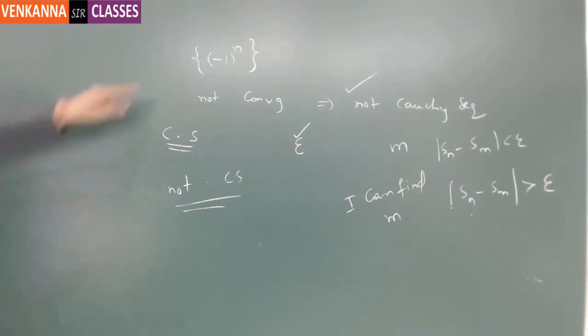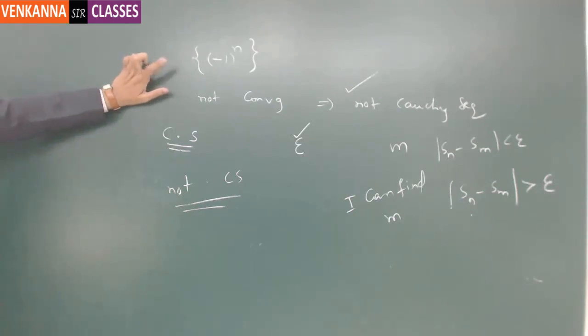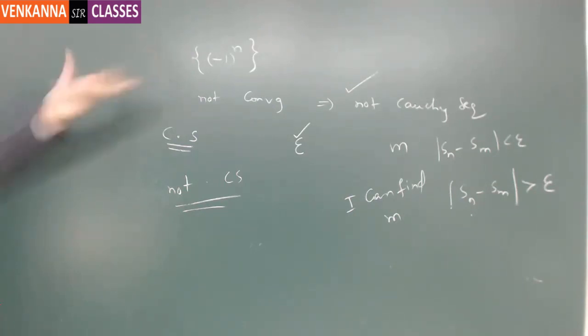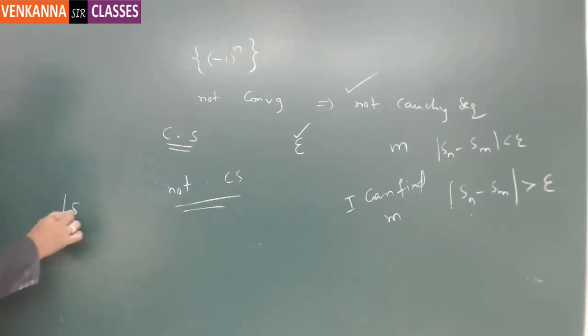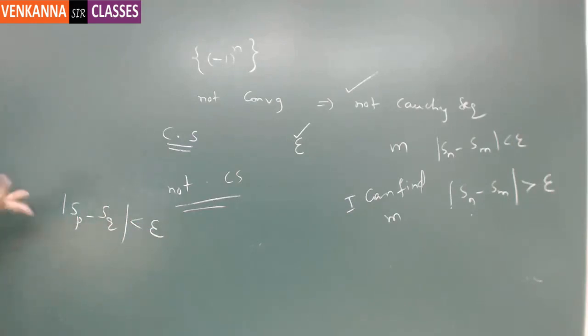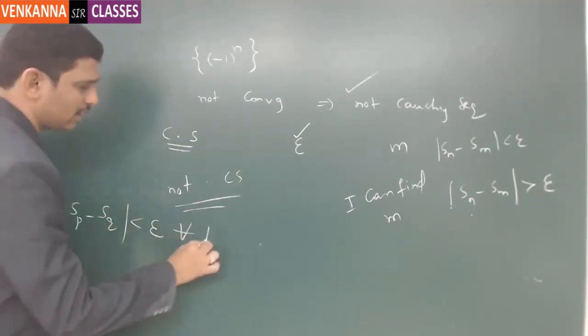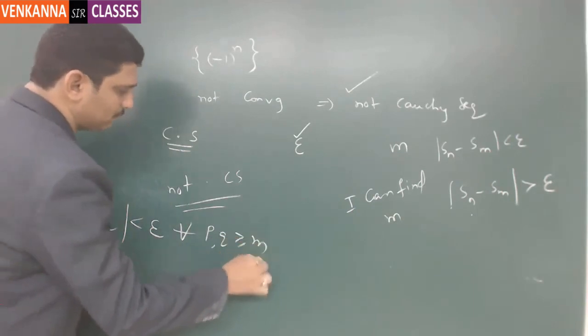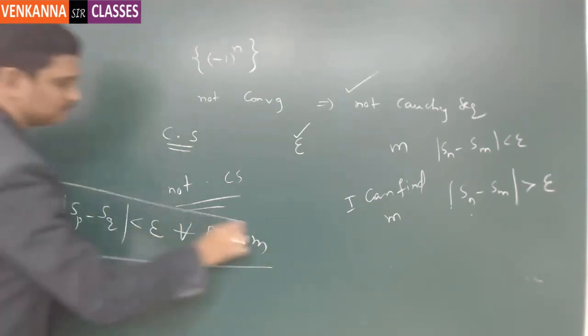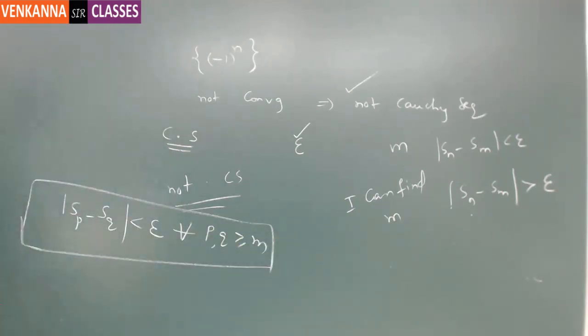Yeah. So this is a sequence. I am proving that it is not a Cauchy sequence. How? I have given the definition; you can take any definition: Sp minus Sq is less than epsilon for all p, q greater than or equal to m. It means that you can take any two terms in the sequence. The difference must be less than epsilon, then it is a Cauchy sequence.